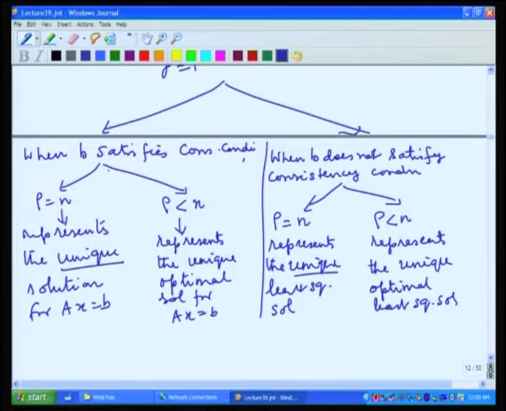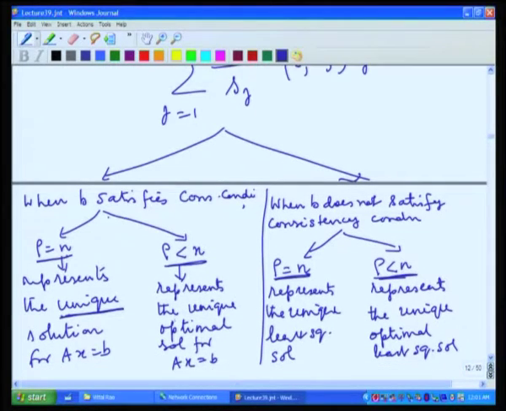Now, from this you observe that whenever you had the case rho equal to n, whether in the case of consistency or inconsistency, that is whether you are looking for an exact solution or a least square solution, you are always getting uniqueness. But when rho is less than n, in both cases we got an infinite number of solutions, but we got a unique optimal solution.